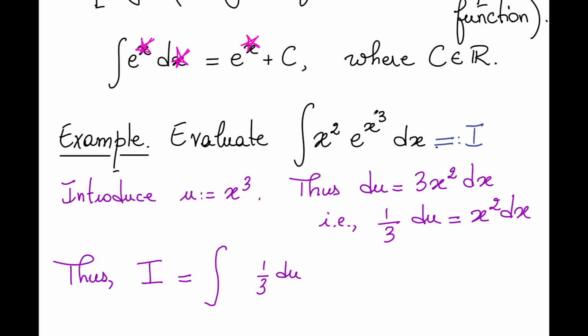And e to the x cubed is e to the power u, because u is our new variable, the old x cubed. So that's the transformation I'm doing. So this becomes e to the power u, right? And since 1/3 is a multiplicative constant, it goes outside: 1/3 times the integral of e^u du.